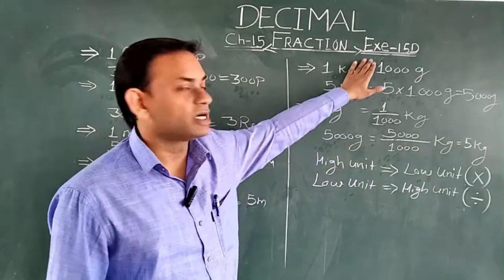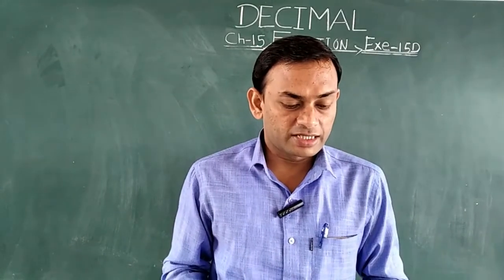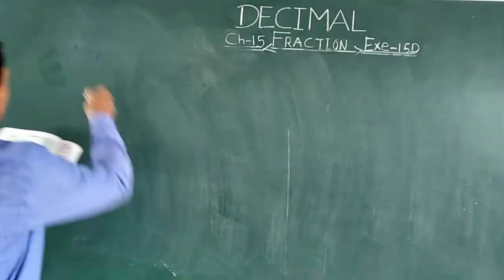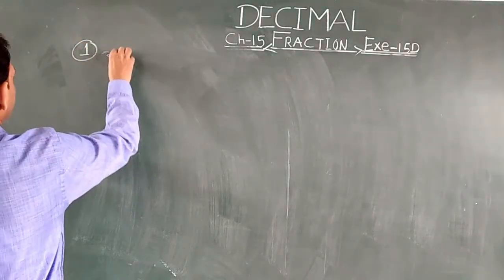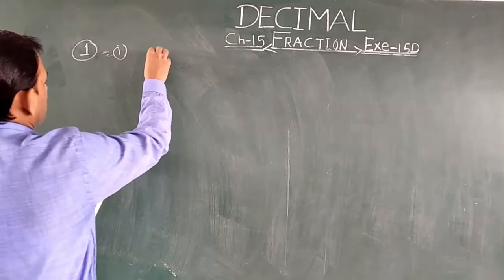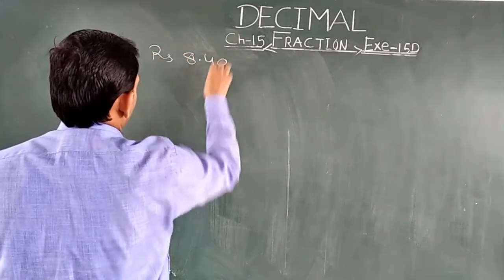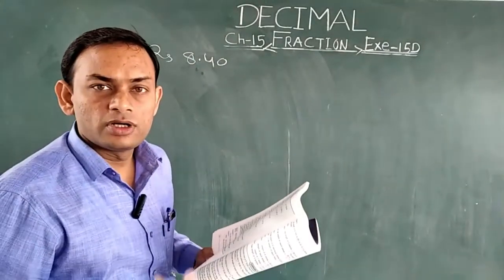Now I am going to start the exercise 15D. The first question of this exercise says convert into paise. The first part is rupees 8.40. Rupees is given and you have to change it into paise.